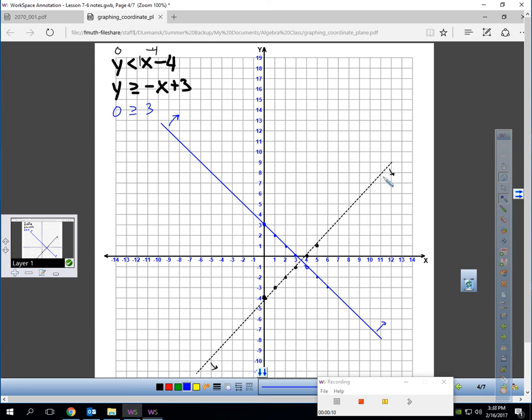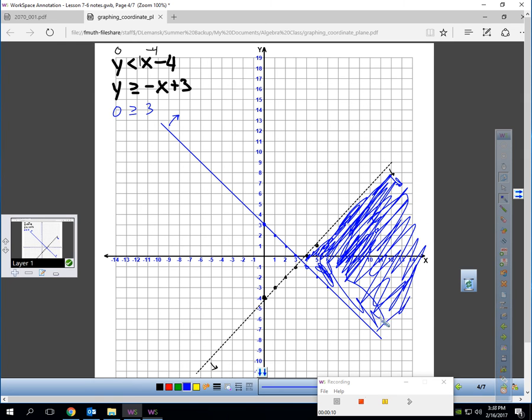I wanted to shade below for the dotted line, but above the blue line, and when I combine those shadings together, it would be only in this region. This is the only place above the bold line in blue and below the dotted line where these two regions overlap. These are my solutions over here.